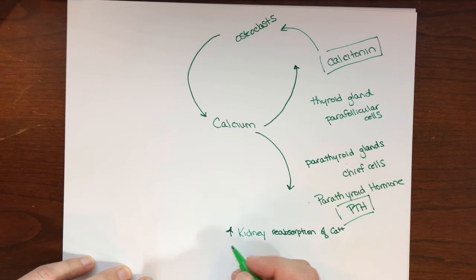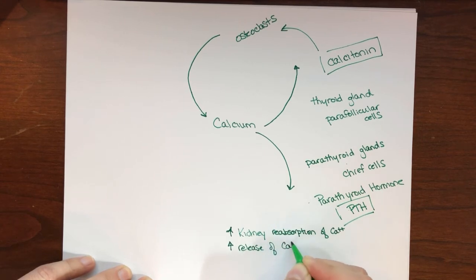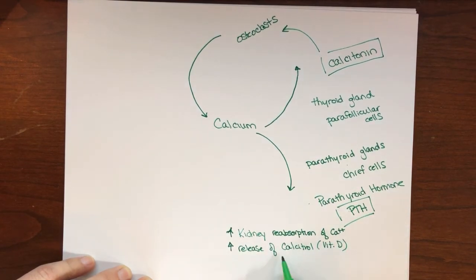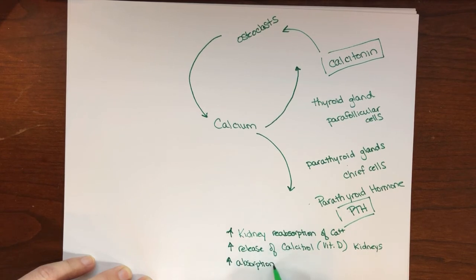We're also going to increase the release of something called calcitriol, which is active vitamin D. And calcitriol is released by the kidneys as well, different part of the kidneys. Calcitriol acts on cells in the intestine to increase the absorption of calcium from the digestive tract.